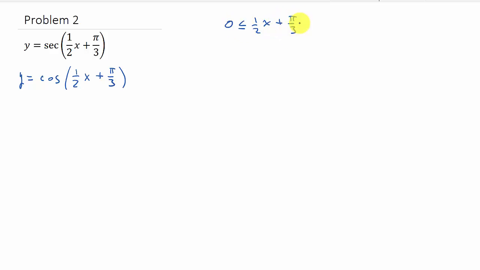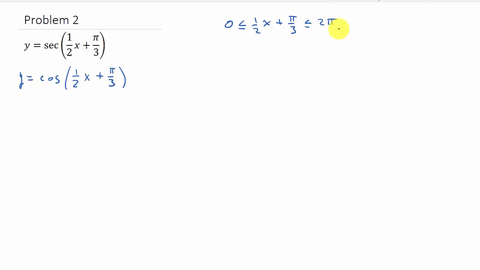You can find all that, but I think an easier way to do it is to take whatever you're taking the cosine of, in this case 1/2 x plus pi over 3, just put that between 0 and 2 pi, and solve for x. And that'll tell you the period that you're going to graph it over.